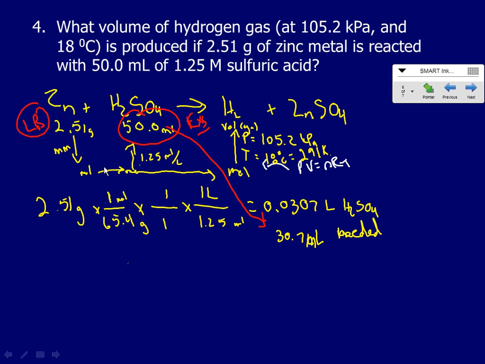Okay, let's use our conversion factors to get us to here, and we'll stop at moles. 2.51 grams, 1 mole per 65.4 grams. Coefficients, what I have on the bottom, and I'm heading over here, and this is a 1 to 1 to 1, nice and easy, 1. And then I stop. I stop and get an answer of moles. It's actually an answer of moles of H2.